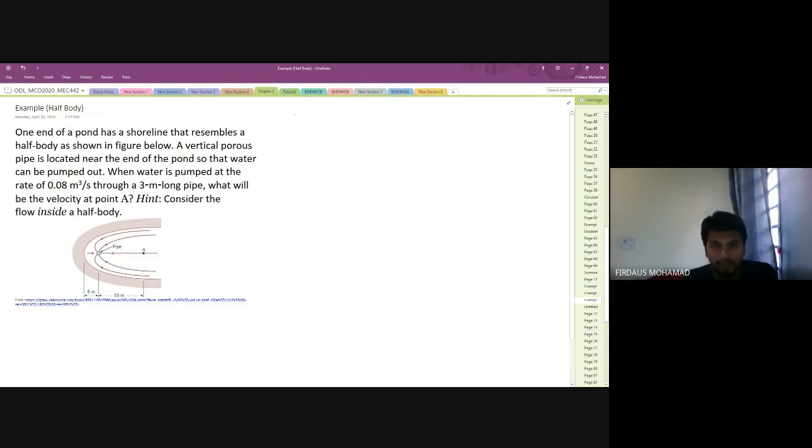For this example, first let's list down all the given data. The given data is Q, which is volume flow rate 0.08 meter cube over second, and the length of this pipe is 3 meter long.